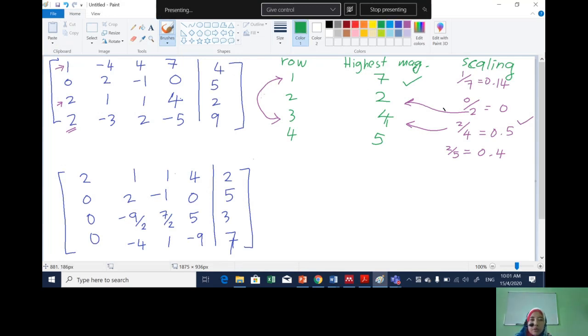We still consider the rows, but the new rows are the ones we have interchanged, with the highest magnitude and the scaling.